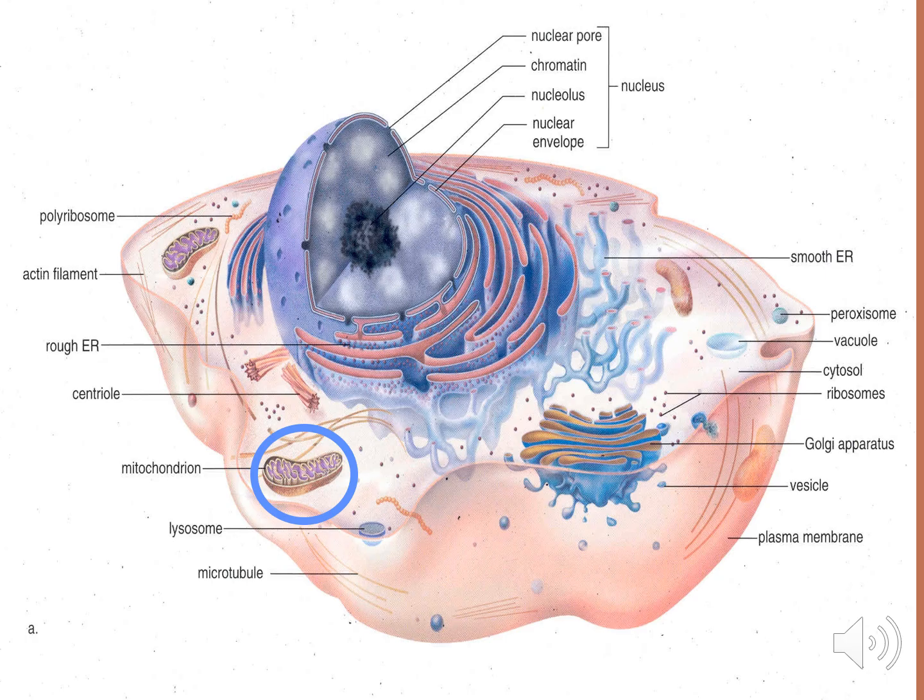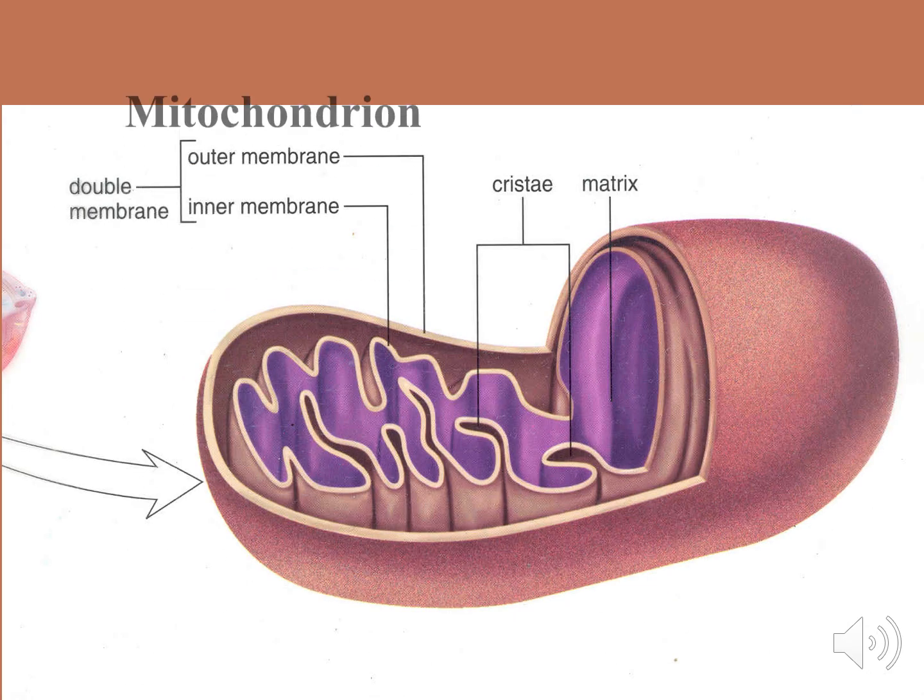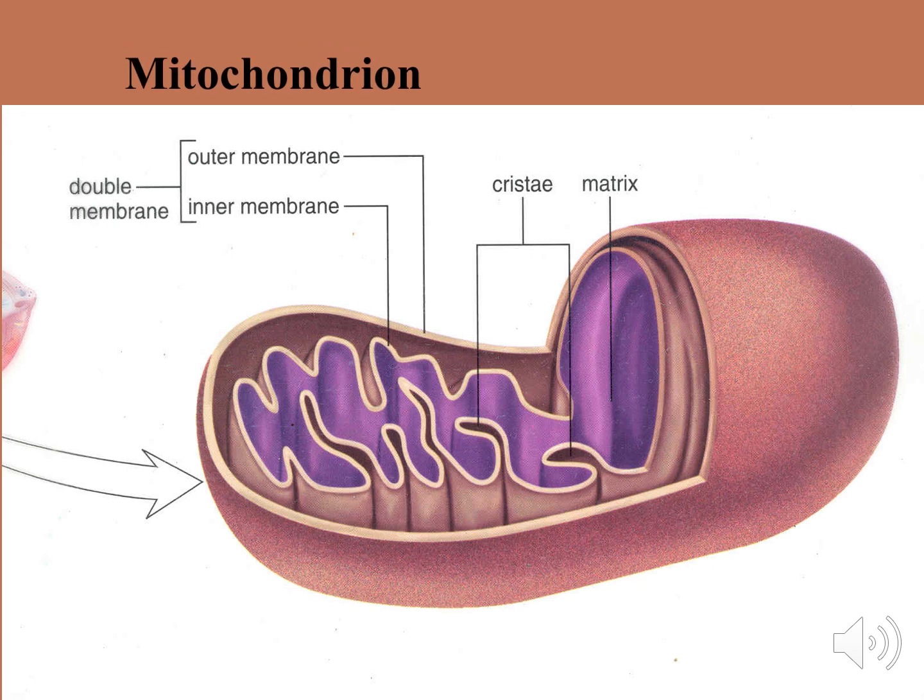The outside, the mitochondrion, right there. It's another double-membraned organelle. Remember that one of the double-membrane organelles is the nucleus. We'll see another one later on, the chloroplast. It is the seat of ATP manufacture.